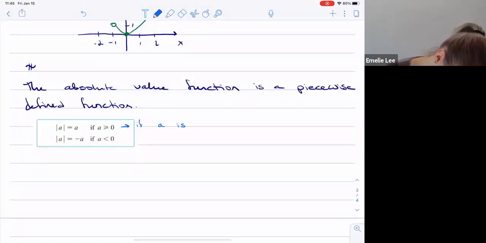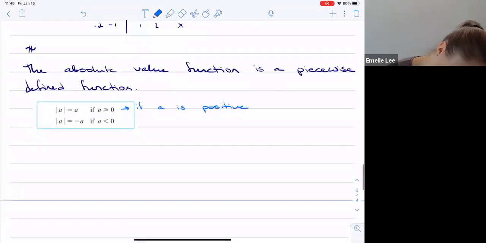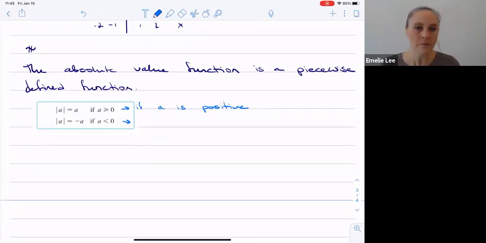Here, it's going to give you negative A. Okay, so the absolute value of A is negative A if A is less than 0. Okay, so that looks weird, right? But if A is less than 0, so -3, for example, then negative -3 is positive 3, right? So that's what's actually going on with the absolute value function.